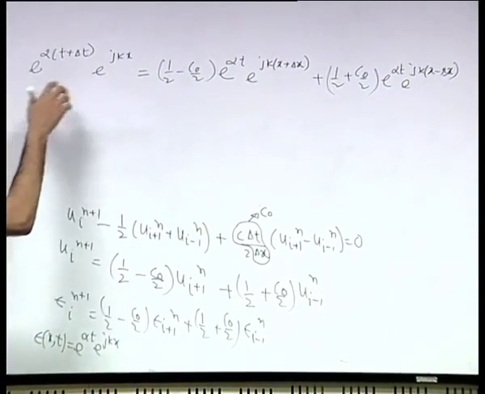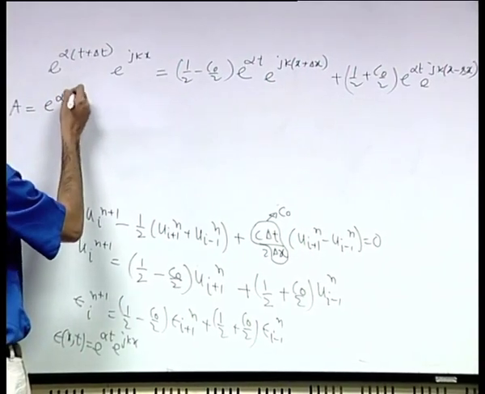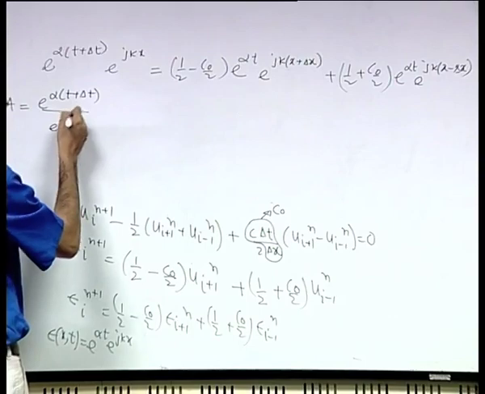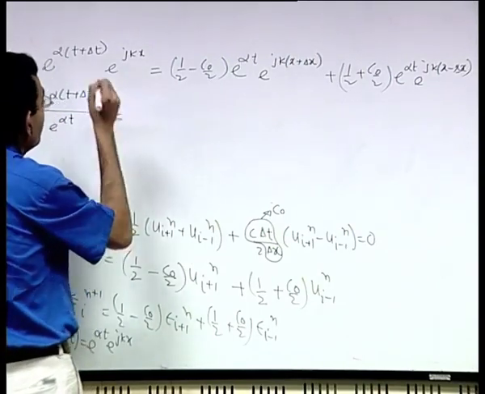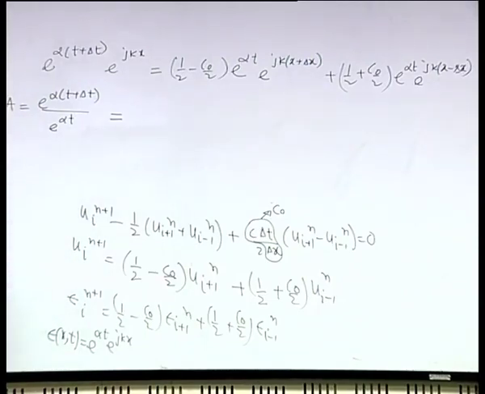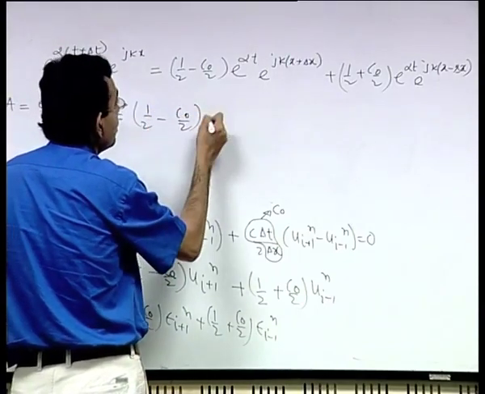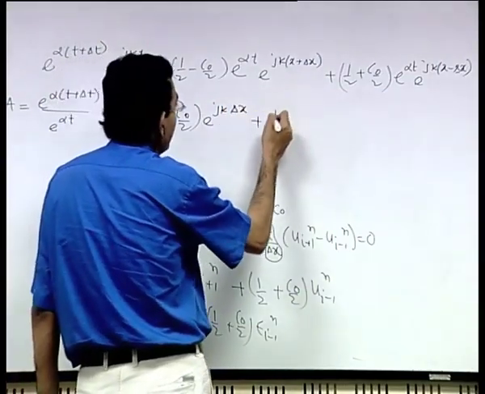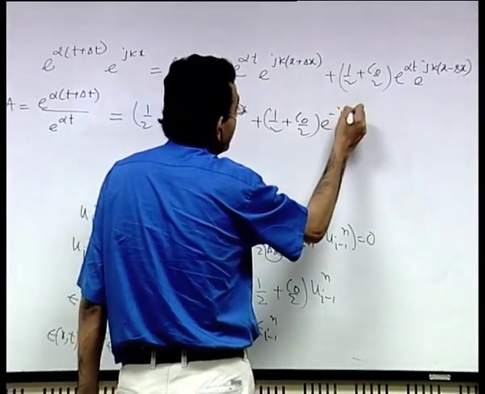So, we divide the left hand side by e to the power alpha t, so that the amplification factor becomes e to the power alpha (t plus delta t) by e to the power alpha t. That will be equal to the right hand side divided by e to the power j k x. So, it becomes (half minus Courant number by 2) e to the power j k delta x plus (half plus Courant number by 2) e to the power minus j k delta x.